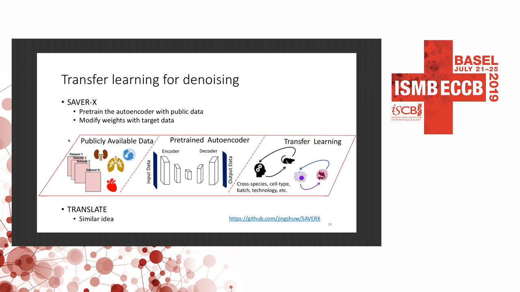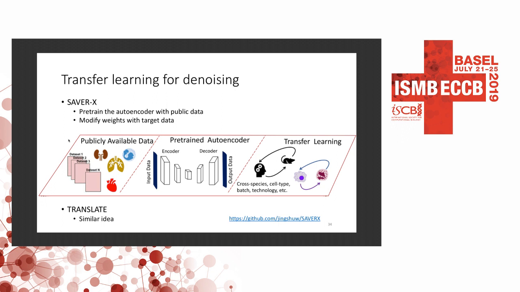From the Human Cell Atlas, I have already collected 500,000 immune cells in the cord blood. Not from the kidney, but they are immune cells. So these immune cells have similarity with the immune cells in the kidney. So I can first pre-train the autoencoder with this kind of public data.